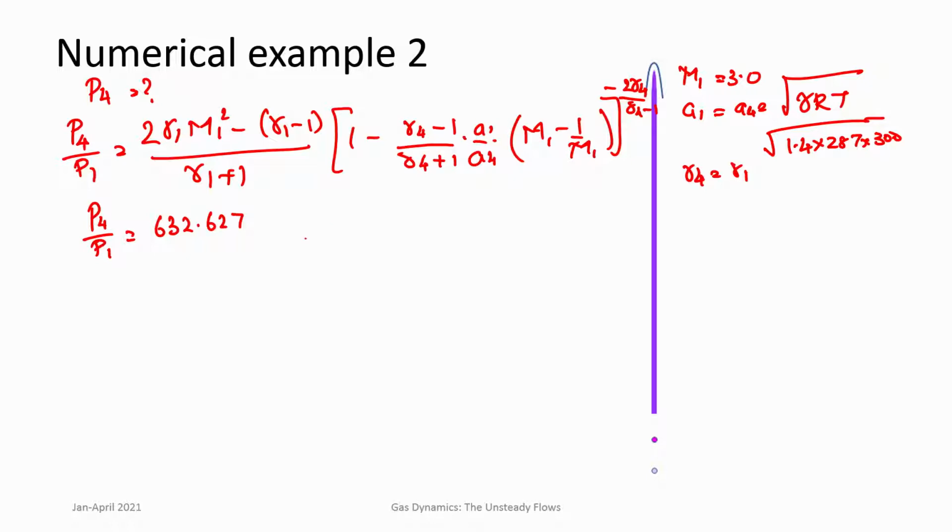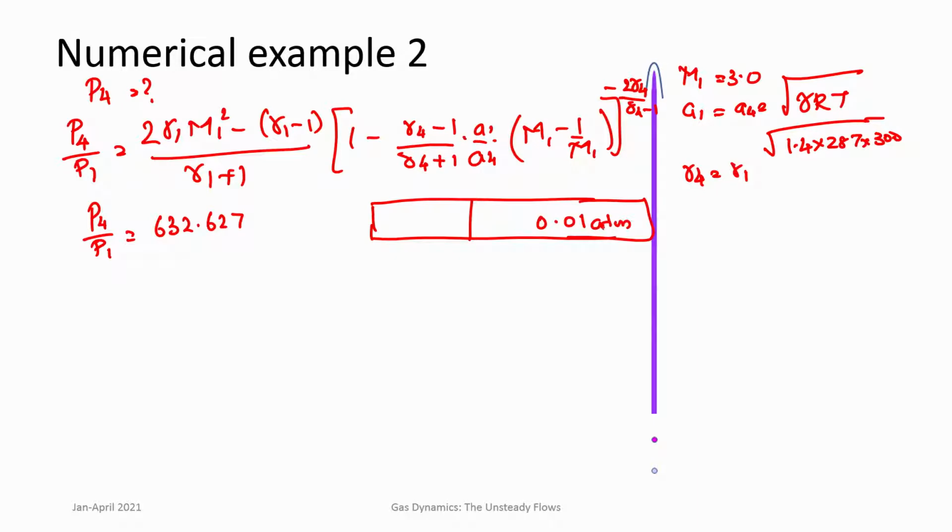632.627. So, you can see to produce a Mach 3 shock wave in a shock tube, you need 600 times the pressure in the driver section compared to the driven section. So, that is why you generally keep high pressure as well as low pressure. So, you evacuate the driven section, which is kept at low pressures, in this case 0.01 atmospheres.